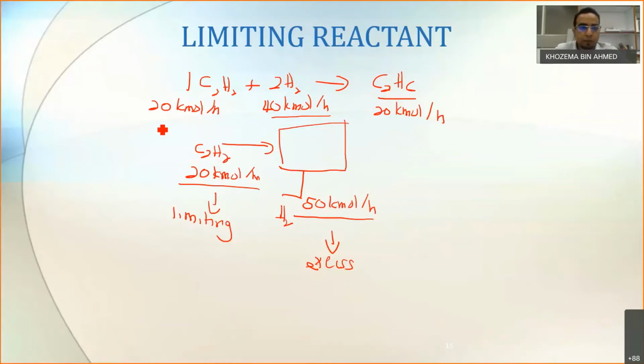So if I have 10 kilomole here, then I will need 20 kilomole in order to get 10 kilomole of product. So in this case, this is my limiting reactant and this is my excess reactant. Now let's change the numbers. Let me remove everything from here.